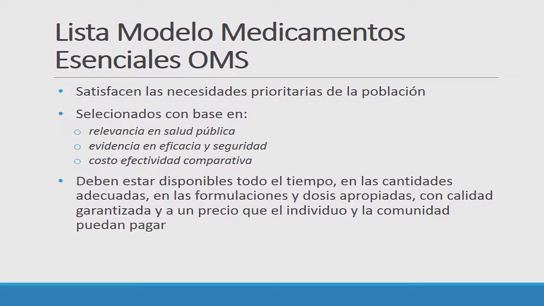They must be available all the time, not sometimes yes, sometimes no. The adequate amounts to satisfy the needs or the demand, in formulations and appropriate doses both for children and adults, with guaranteed quality and a price that the individual and the community can pay.